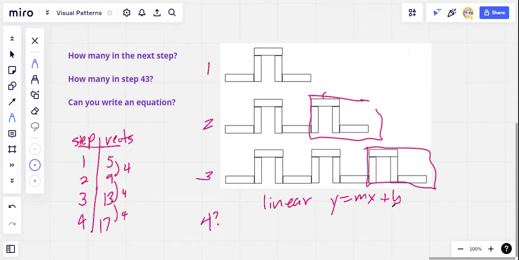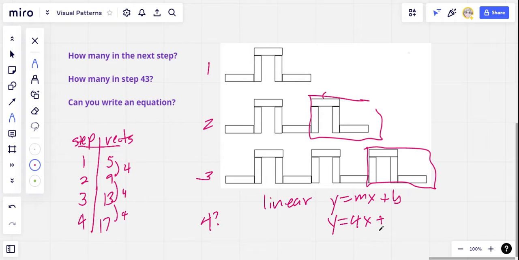So this is the equation for a line in slope-intercept form, y equals mx plus b. That m stands for slope. In the context of a pattern, it's our rate of change between steps, and our change is 4 every step. So this is going to be y equals 4 times x, where x is the step number. And this plus b, it's going to be some number, but we don't know yet. We have to figure that out.